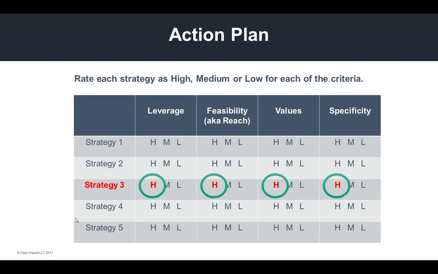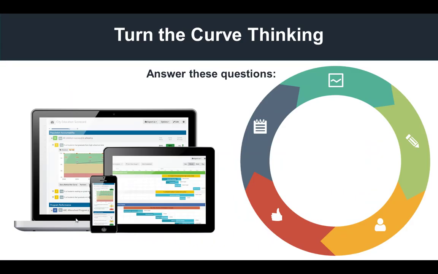This prioritization not only helps with addressing the most important issues first, but it also helps to address which strategies can be funded if there aren't enough financial resources to do everything immediately. Now here we see an example in which strategy 3 has been judged to have a high score for all criteria. If none of the other strategies equal that score, then it becomes the highest priority.